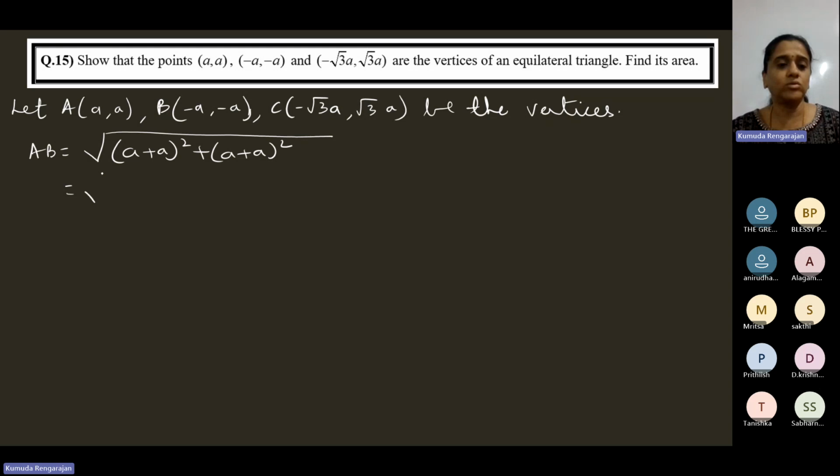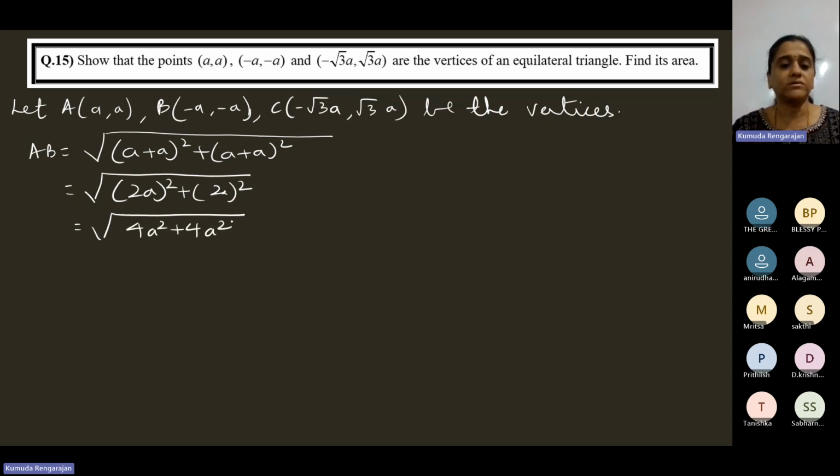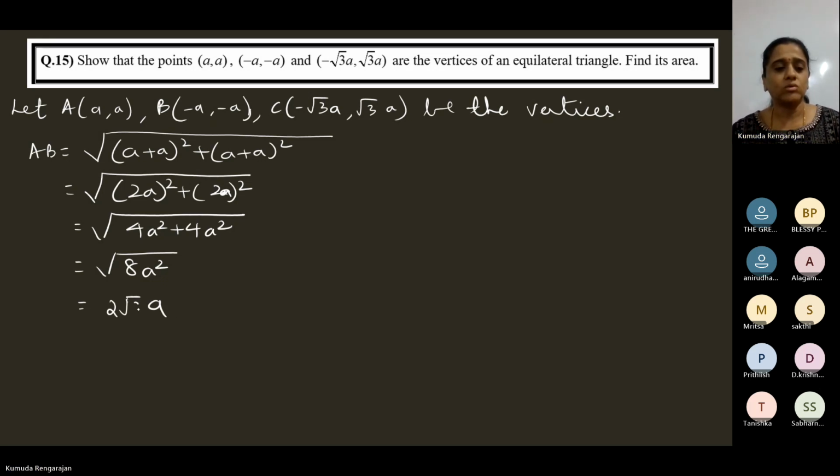So it is square root of 2a the whole squared plus 2a the whole squared. So it is square root of 4a squared plus 4a squared, which is square root of 8a squared. Now a square comes out of the square root as a. And what is root 8? 2 root 2. So 2 root 2 a units.